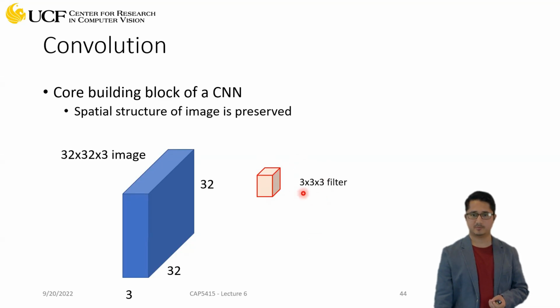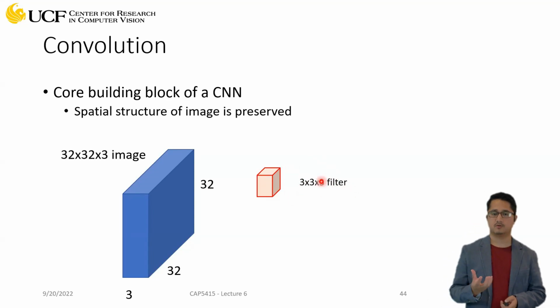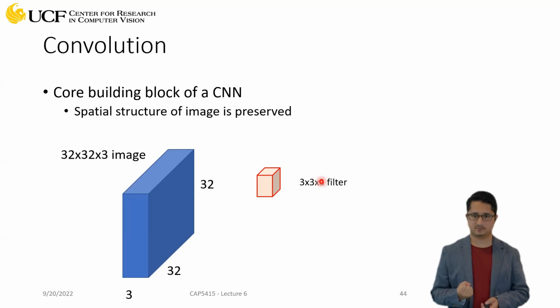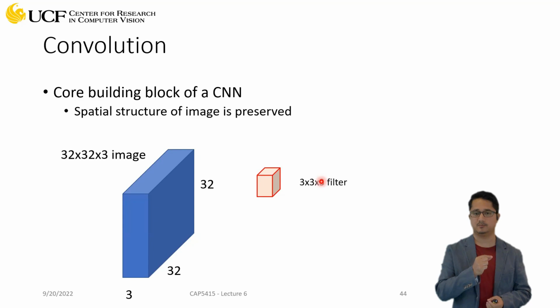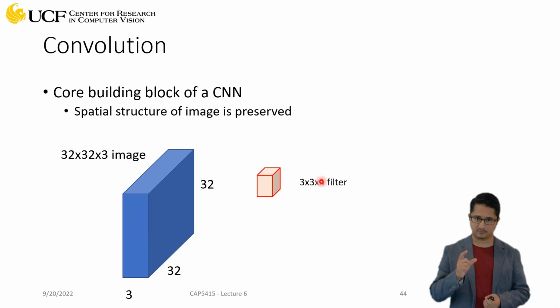In this case, the shape is 3 cross 3 cross 3. All right, so these filters are the weights of your convolutional neural network. In the case of neural networks, the weights were those arrows connecting the input to the neurons to perform the linear combination. In CNN, these filters are the weights.